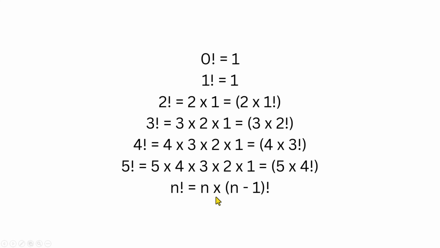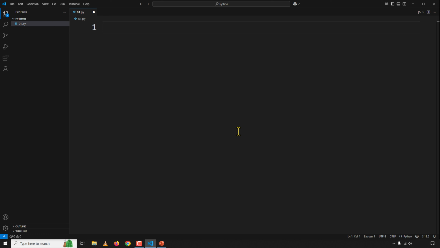And let us do that now. I will say factorial and n. And inside I will say return n into factorial n minus 1.